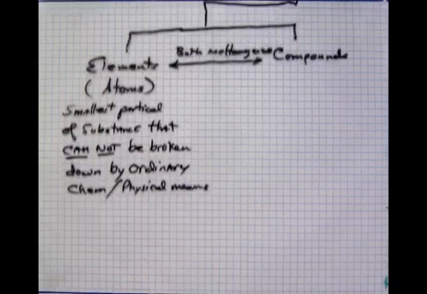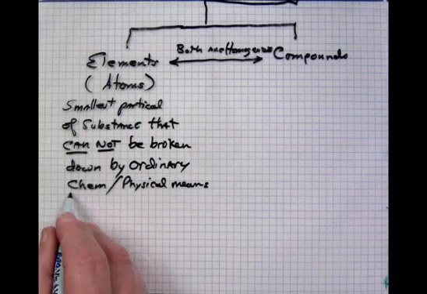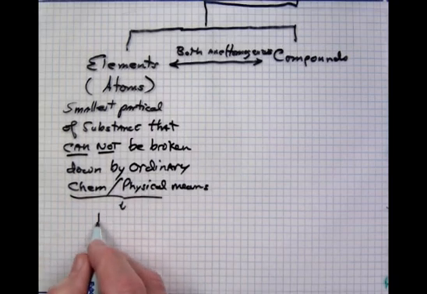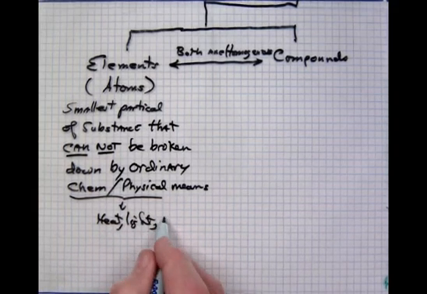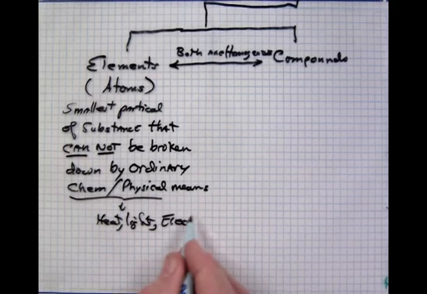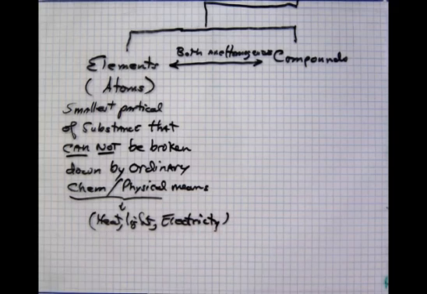Just to emphasize, ordinary chemical and physical means refers to heat, light, electricity. Zap it with a taser or whatever, and it still won't break down.